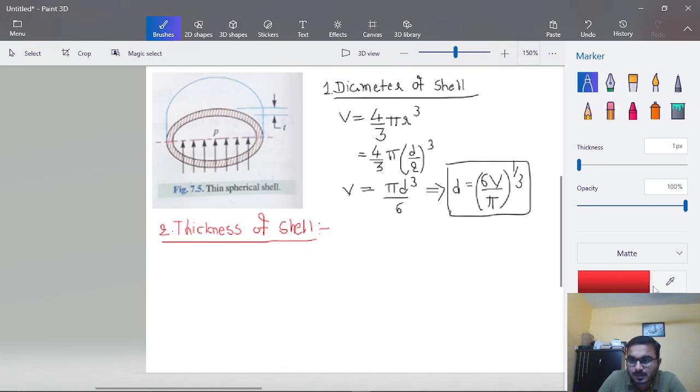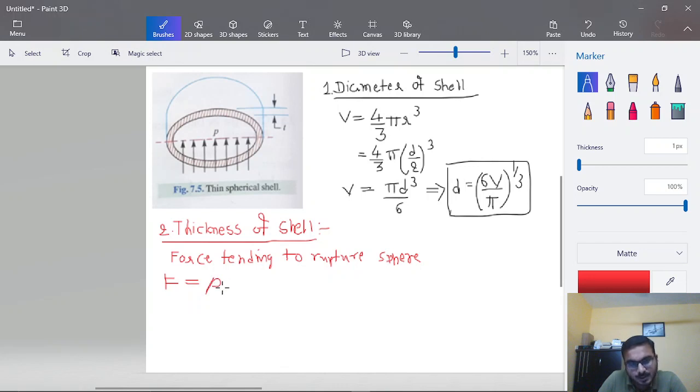So we will write down first the equation. Force tending to rupture the sphere, which is given by F is equal to pressure into area.